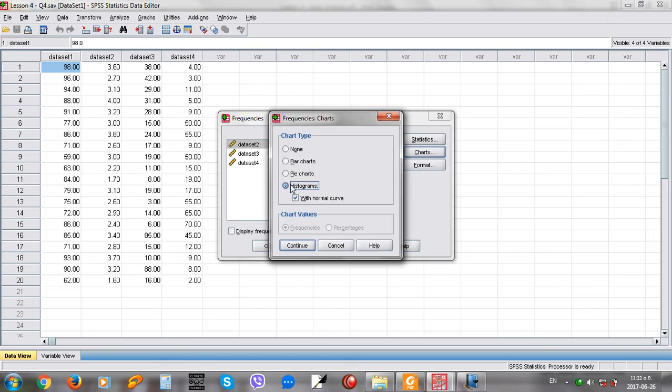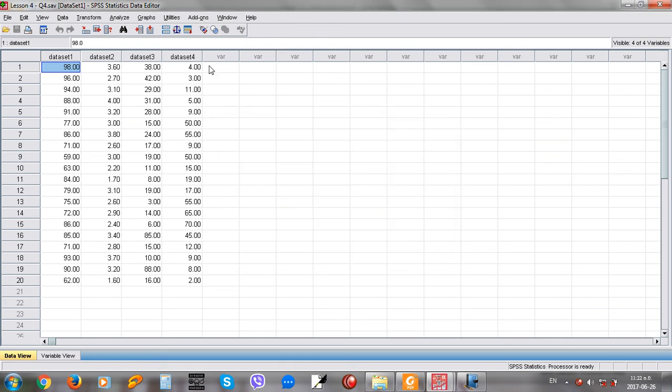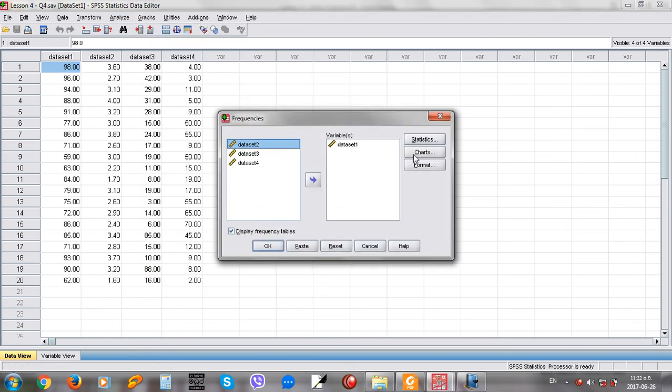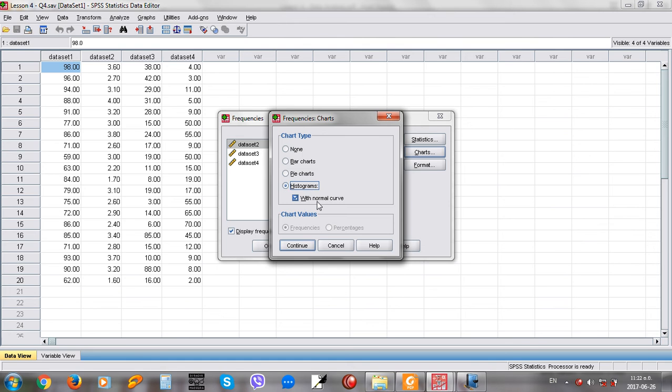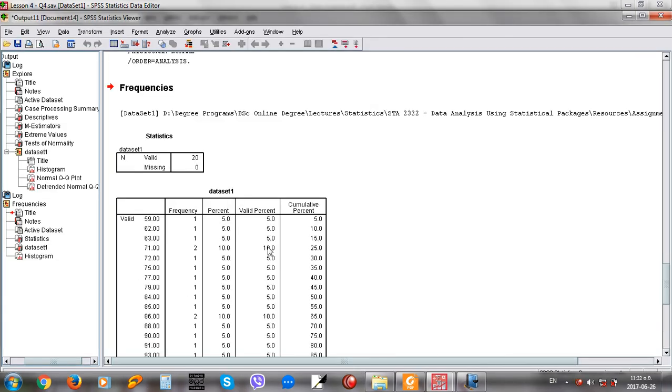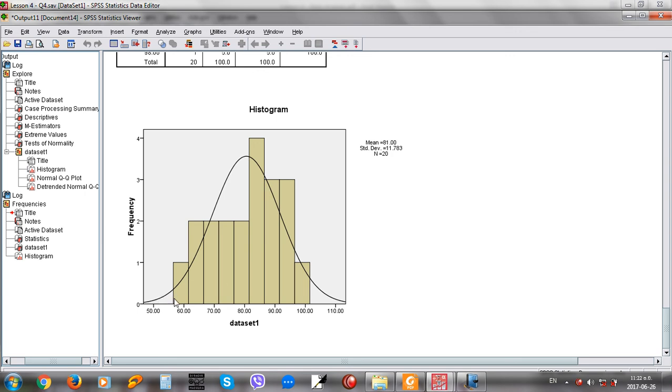Go to histograms, and select with normal curve. What are our steps? Analyze, descriptive statistics, frequencies, then charts, histogram with the normal curve. Continue. Okay, right. Now you can see this one with the curve.